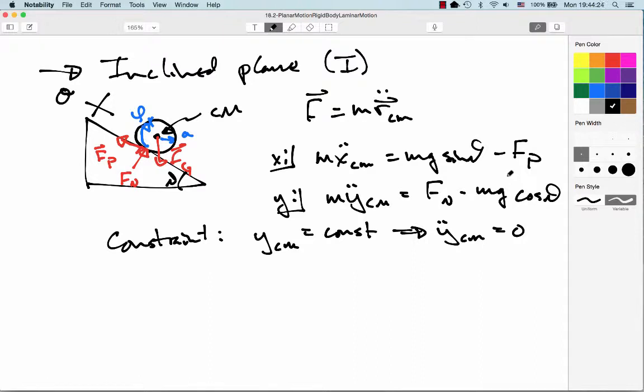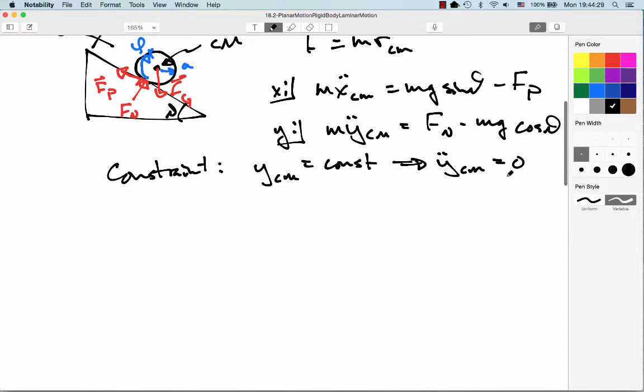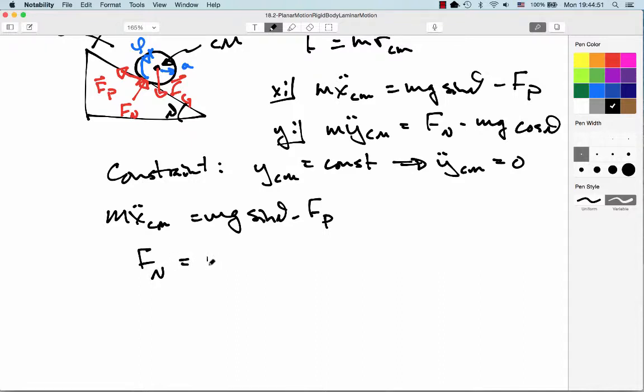So with that, I can write my system of Newton's second law equations as m x_CM double dot equals mg sine theta minus F_P, and since this will now go to 0 due to the constraint, the normal force is equal to mg cosine theta. So that's part of my system of equations.